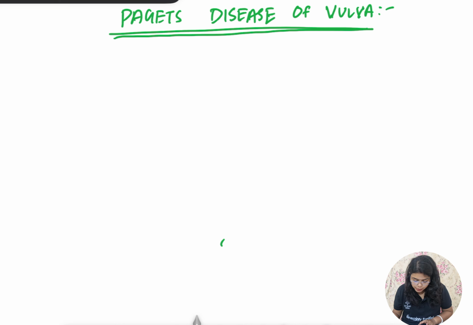Then coming to the Paget's disease of vulva. Like we have studied the Paget's disease of breast, this is the Paget's disease of vulva. This is an epithelial lesion, so it can be non-invasive as well as invasive.